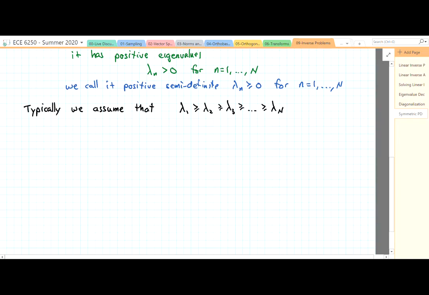So, for symmetric positive definite matrices, we're going to simplify our notation here.